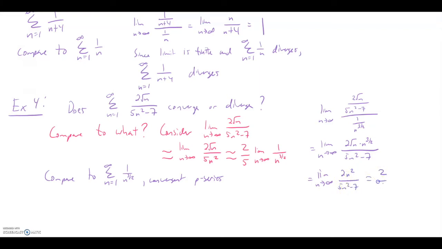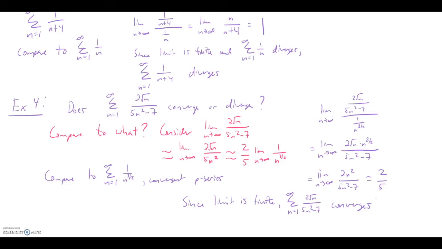And the limit of that expression is 2/5. So since the limit is finite and positive, and since that series 1 over n to the 3/2 converges, the series in question, 2 square root of n over 5n squared minus 7, must also converge.